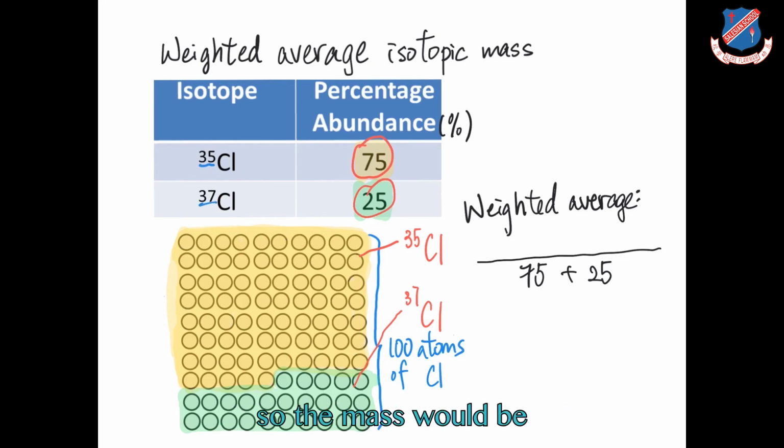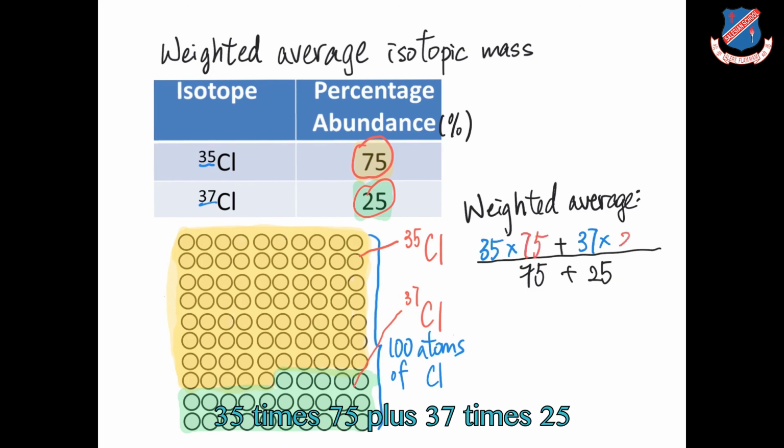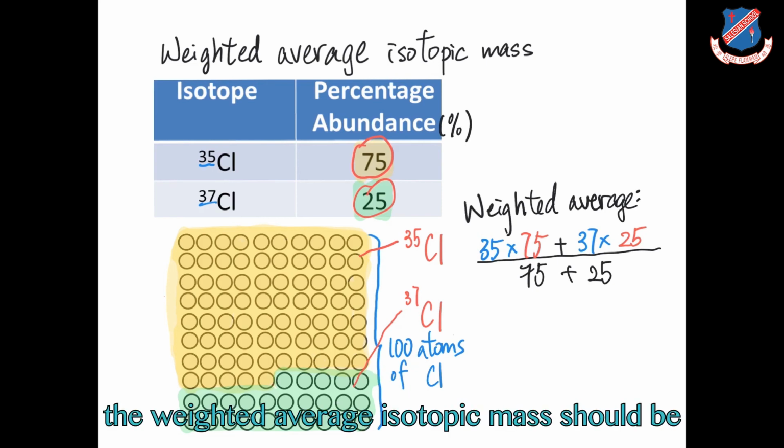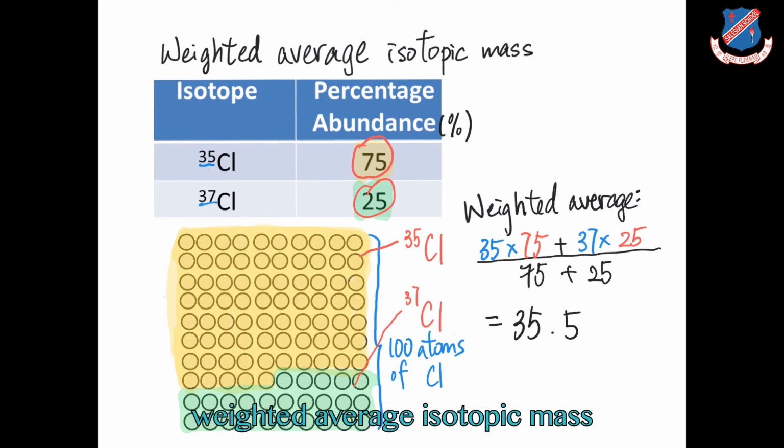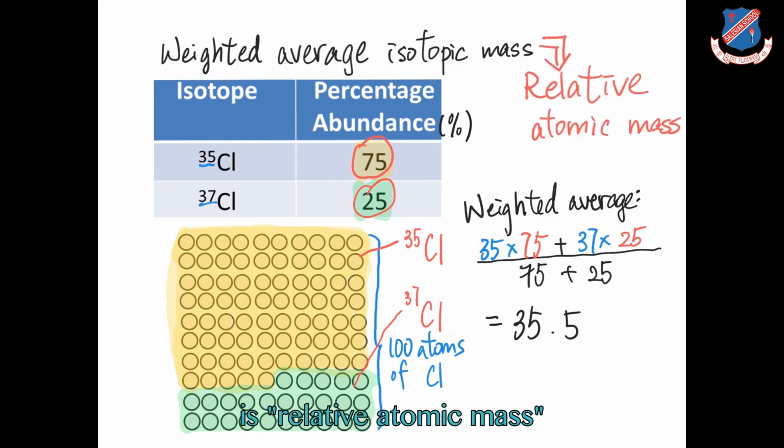So the mass would be 35 times 75 plus 37 times 25. The weight average isotopic mass should be 35.5. Another simpler name for weight average isotopic mass is relative atomic mass.